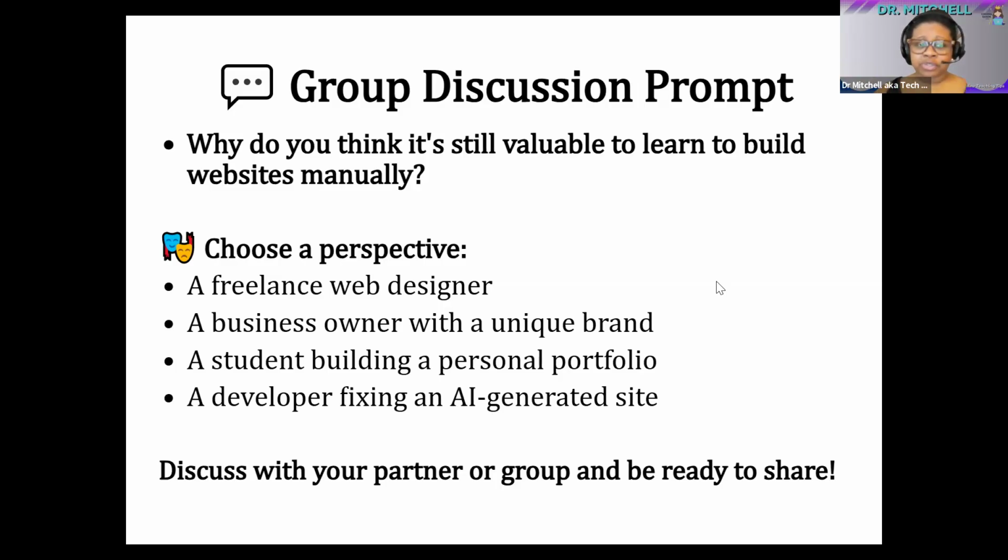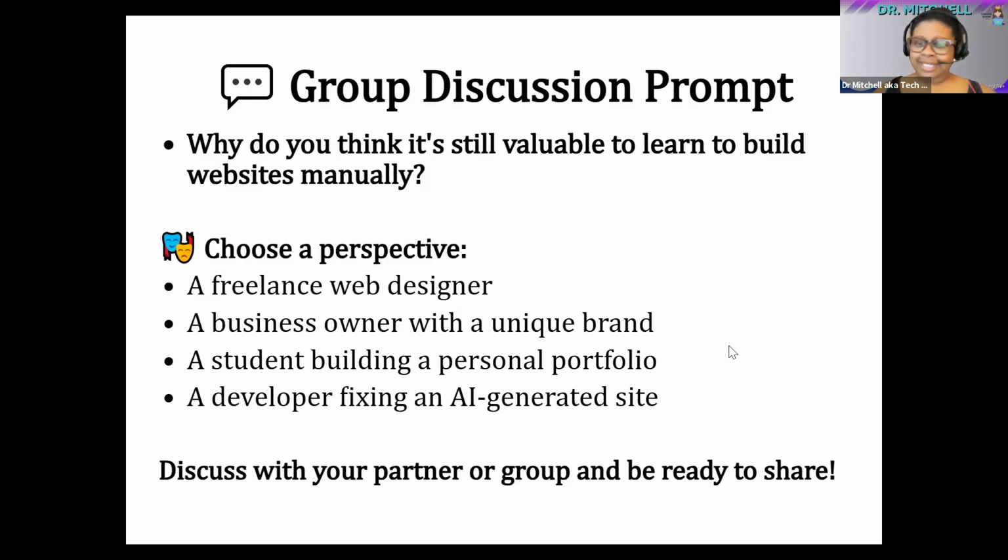You can choose a perspective of a freelance web designer, a business owner with a unique brand, a student building a personal portfolio, a developer fixing an AI generated site. I want you to discuss that with your partner or in a group. And of course, be ready to share. We will come back to this.